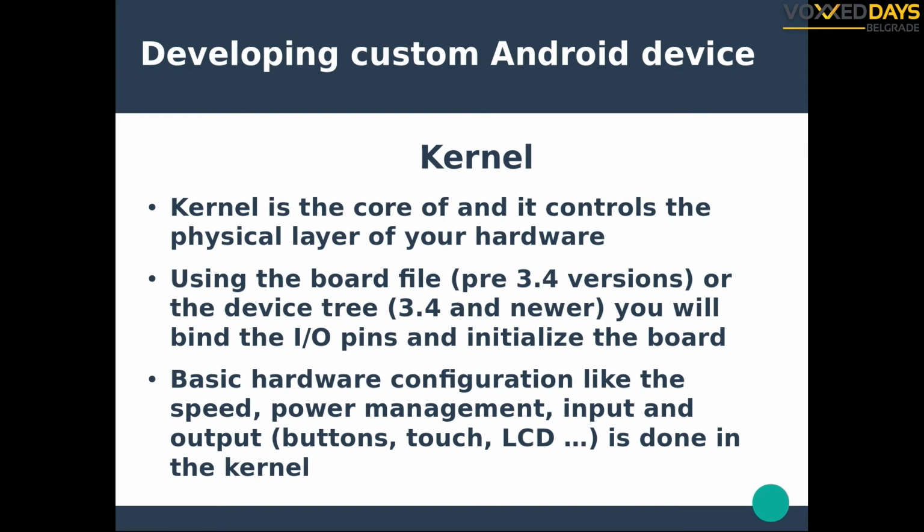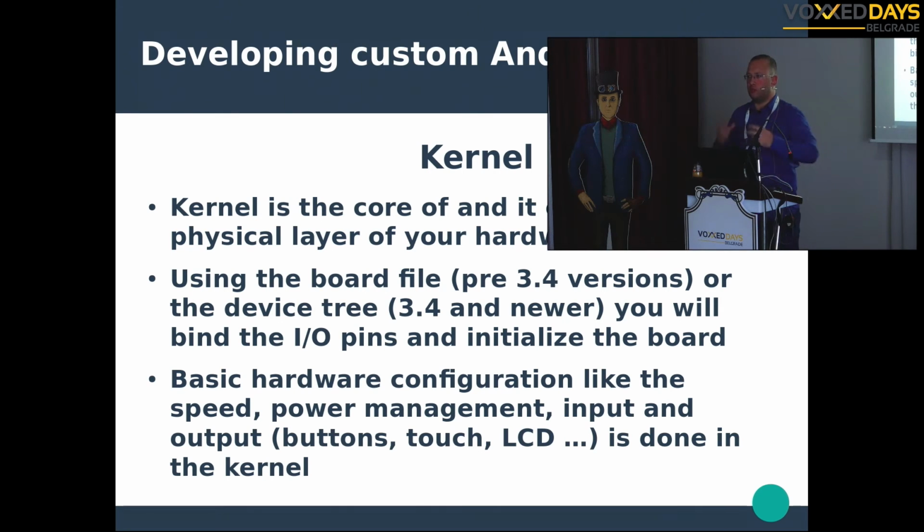And the later kernels are using some kind of, if somebody is familiar with Linux, it's called the device tree. It's basically, they had a lot of confusion, and because there is a variety of hardware that needs to be supported in Linux, they had a problem that every time some new board or some new CPU is supported, they needed to update the Linux kernel and the Linux distributions, and they switched to the device tree.